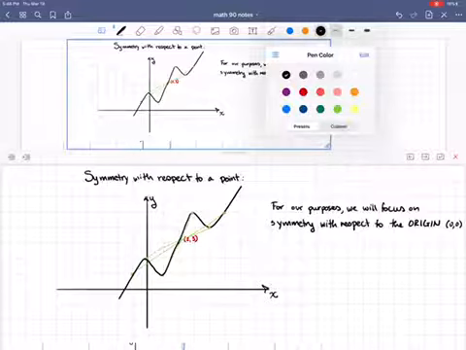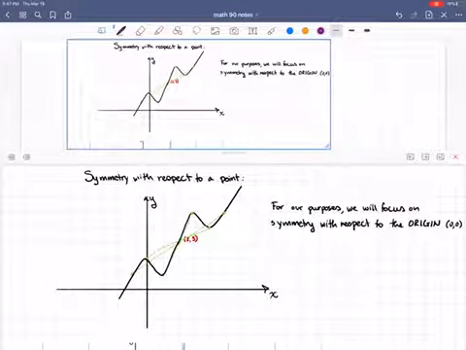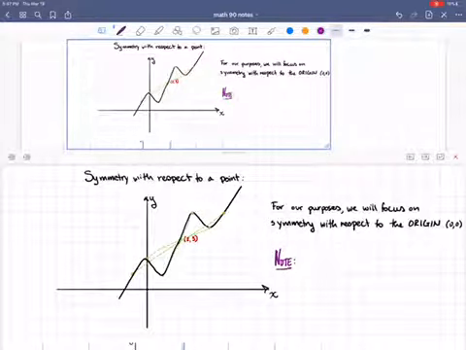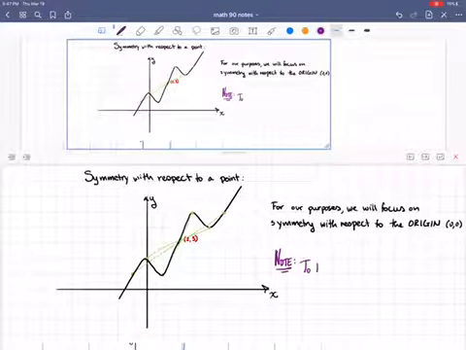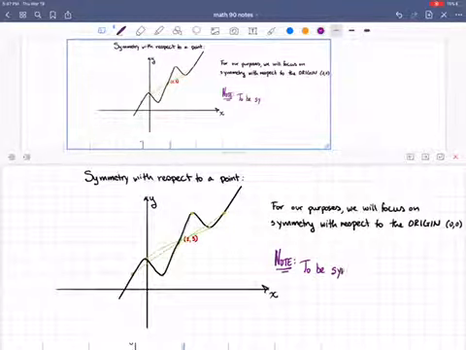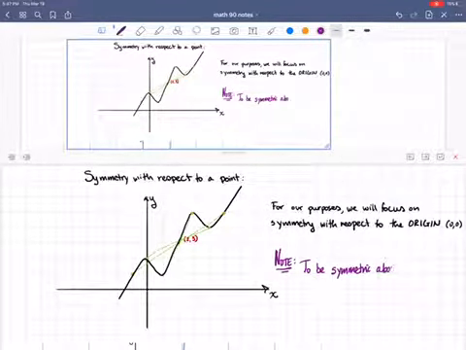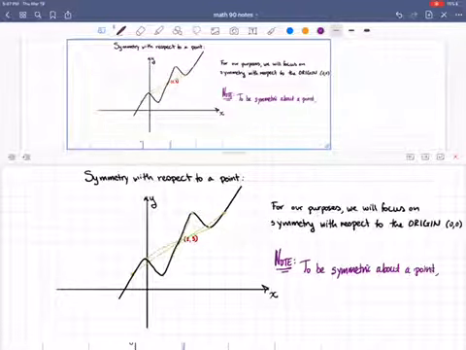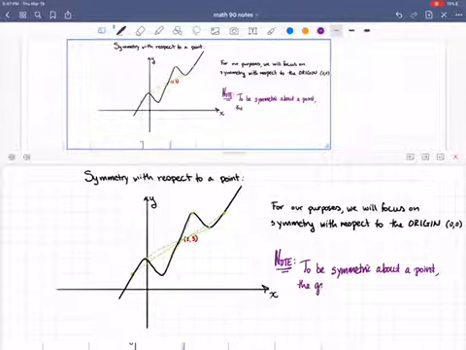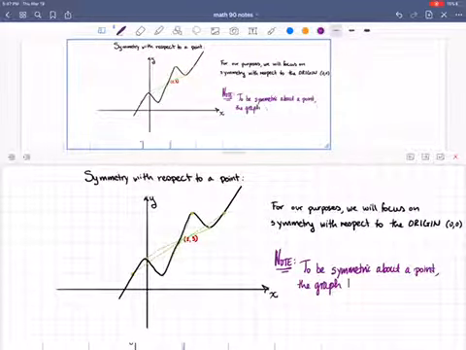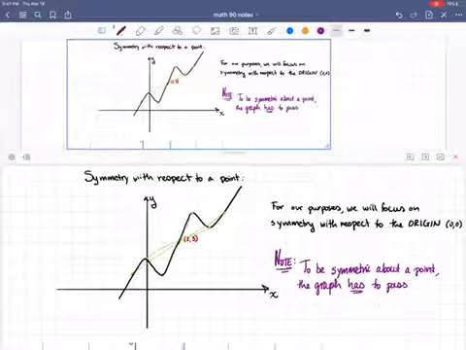But I do want to make one little observation before we move on. Note, to be symmetric about a point, the graph has to pass through it.